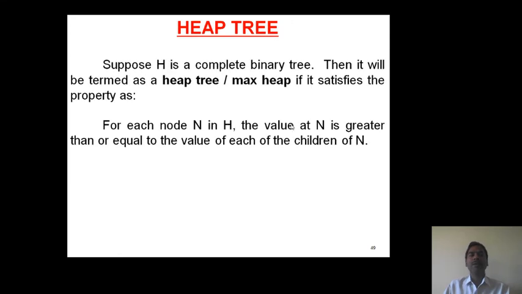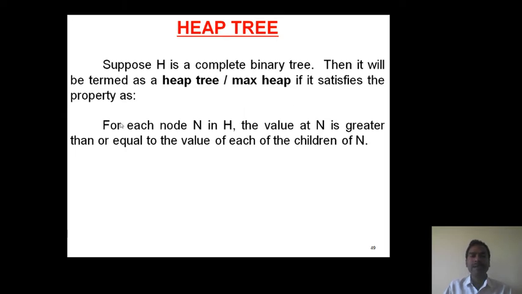Now, to implement these operations, one important concept is the heap tree. Now listen, suppose H is a complete binary tree. Then the tree is treated as a heap tree, also referred to as a max heap. It's an important point, max heap.